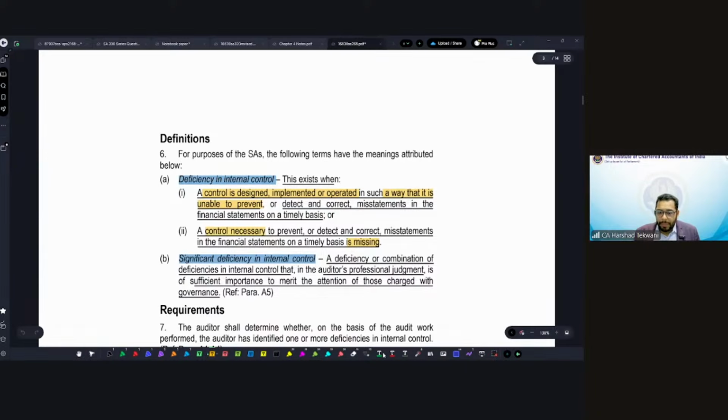So this particular part, unable to prevent, detect, correct misstatement in the financial statement on a timely basis, is nothing but the objective of the internal control. Now, if internal control is not able to meet its objective, it's a deficiency. So this is not talking about misstatement. Rather, this whole point talks about the objective. You need to read this whole together.